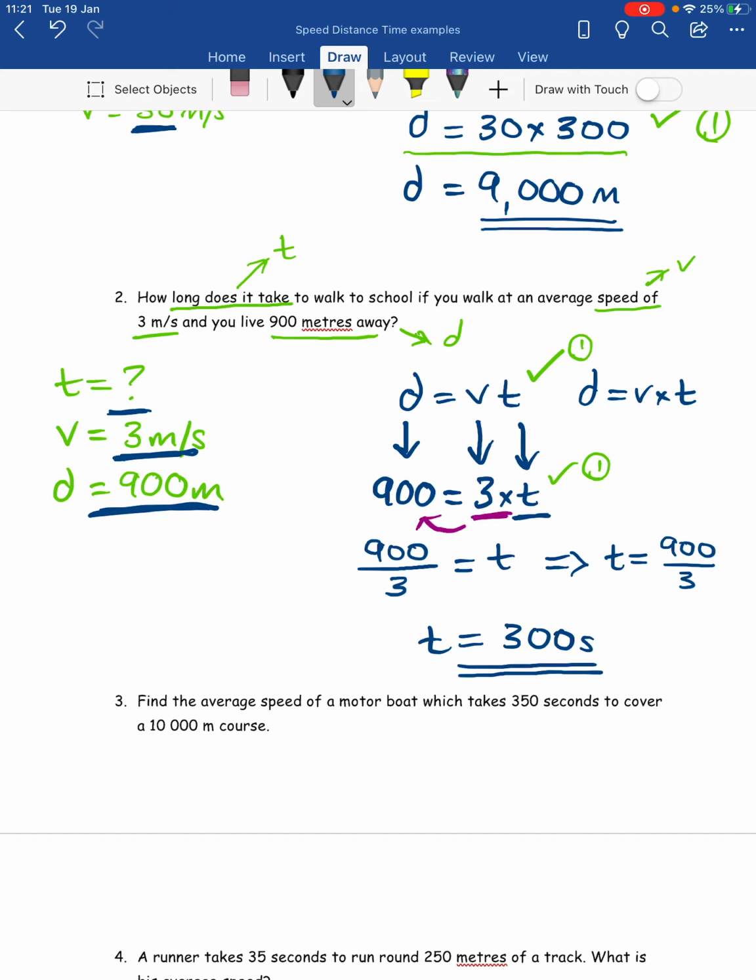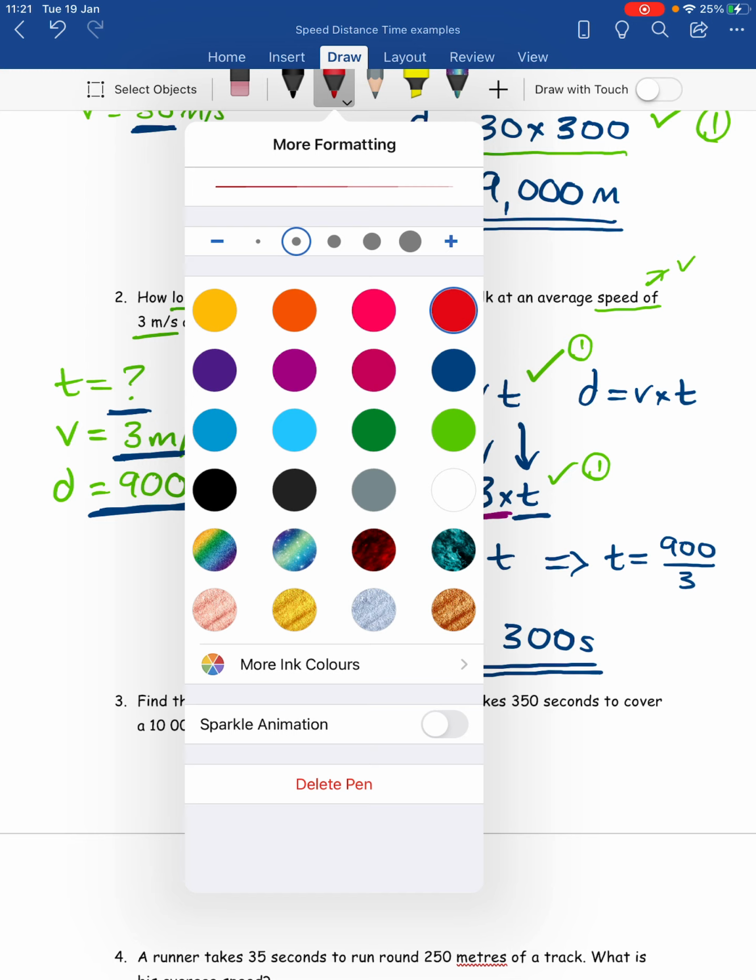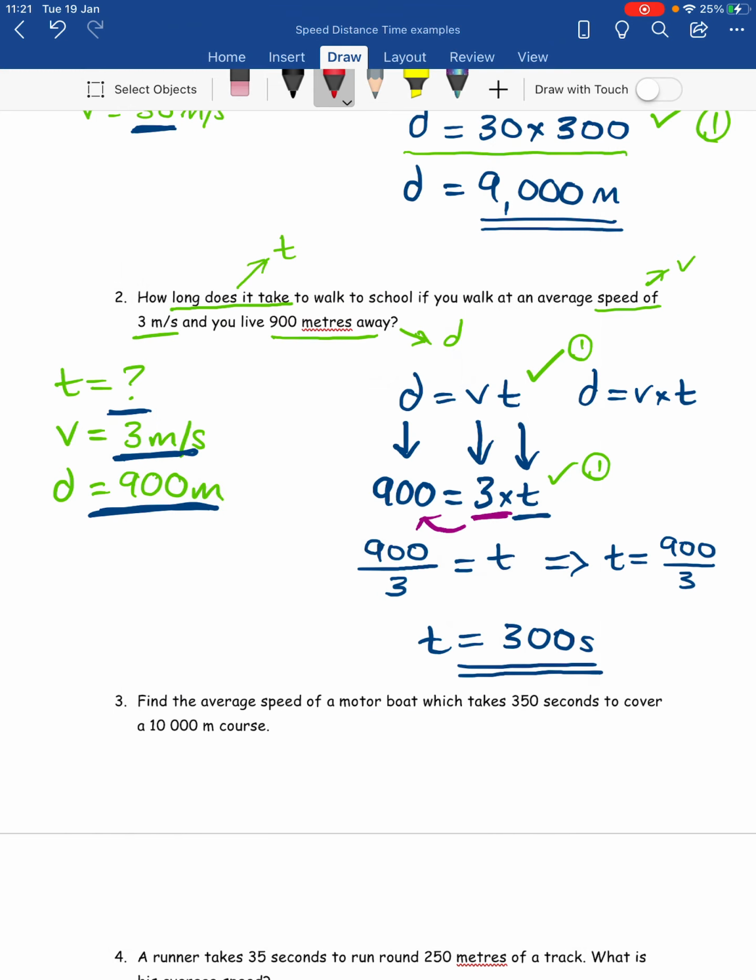So as I said earlier, the first step for these, it doesn't matter which one you're asked to find. It doesn't matter if it's time, speed or distance. This is the first line that you write down. D equals VT or D equals V times T. Both of those will get you 1 mark.